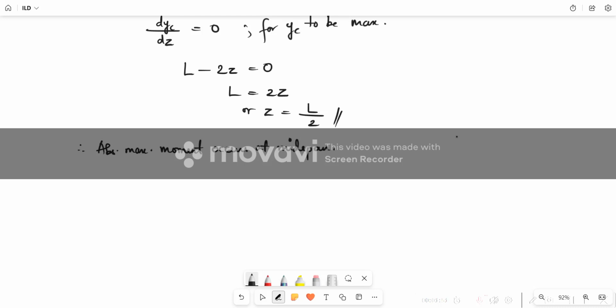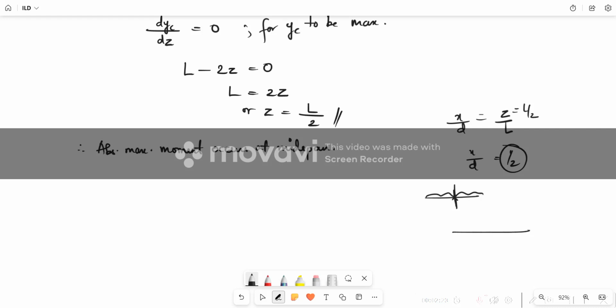The position of load is in such a way that the section divides the load in the same ratio as it divides the span, which means in order to get absolute maximum moment, the center of gravity of the load will be placed at midspan. That you have already discussed: x by d should be equal to Z by L. But in this case, your Z is equal to L by 2, so your x by d should also have the same ratio, 1 by 2, which means the CG of load should fall on the midspan.